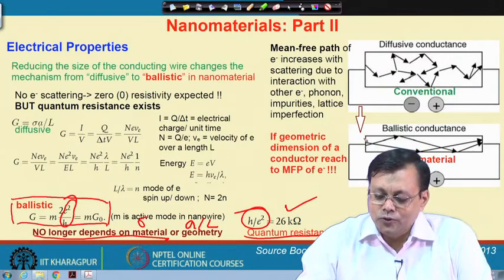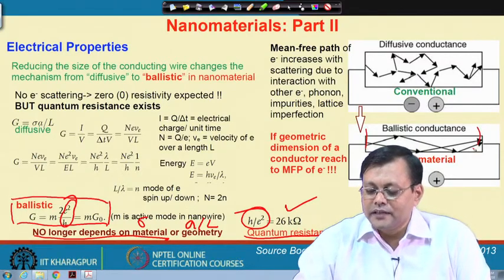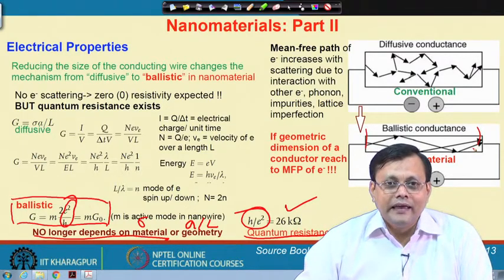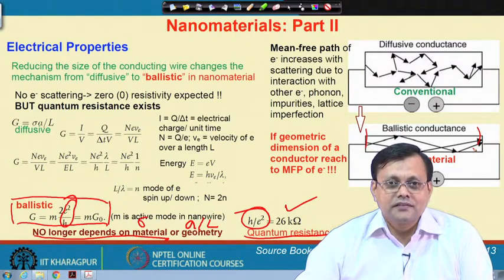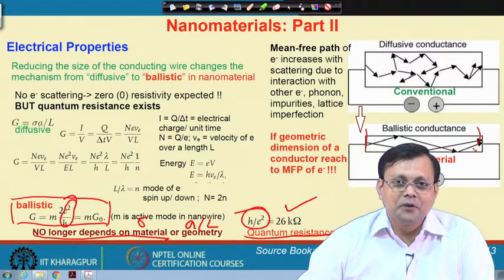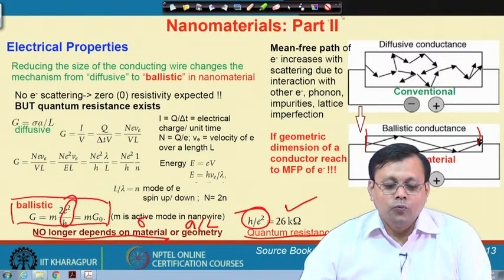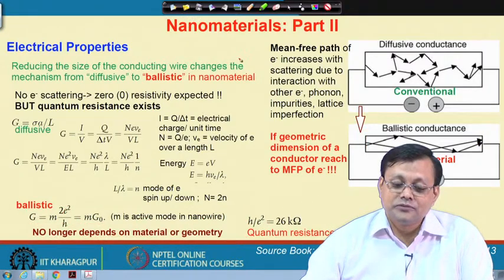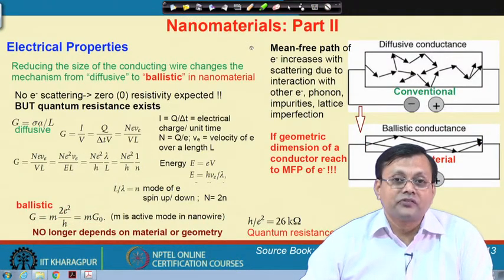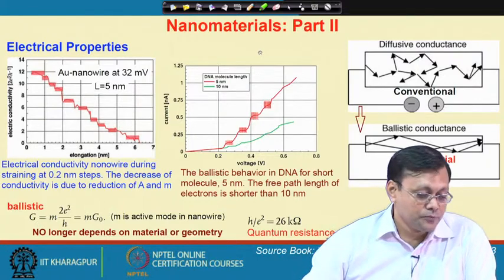So, now we understood that for a ballistic conductance in nanomaterial, when the length scale of the conducting wire reaches the length scale of the mean free path, then we expect close to zero resistivity, and that is very much important, and people tried to prove it using some experiment.